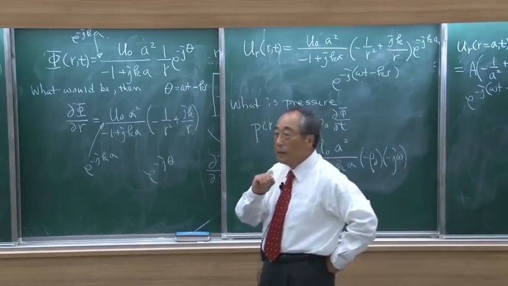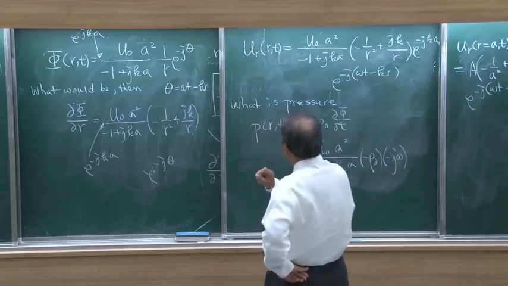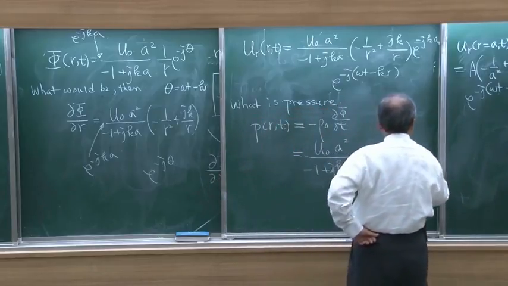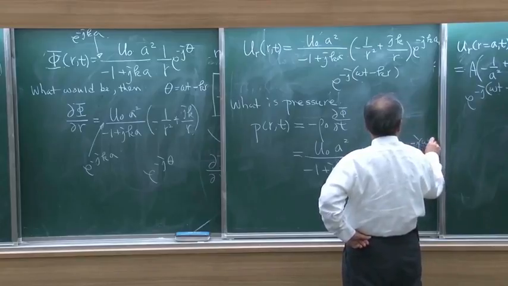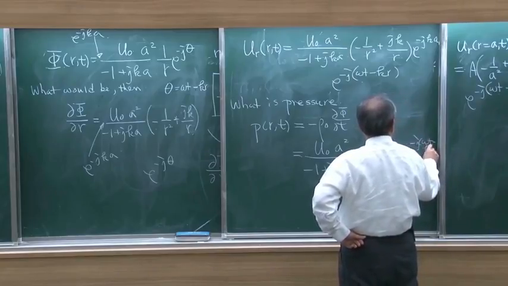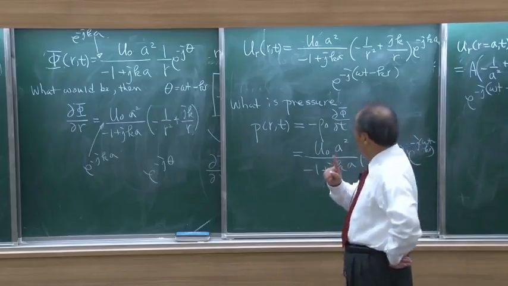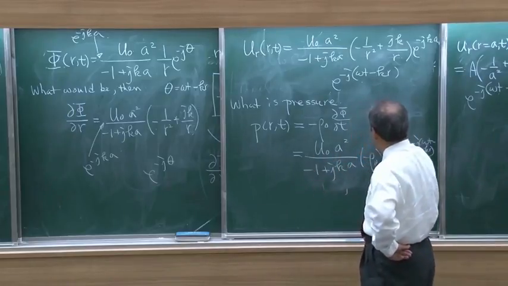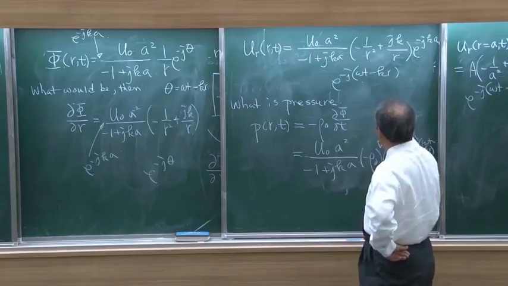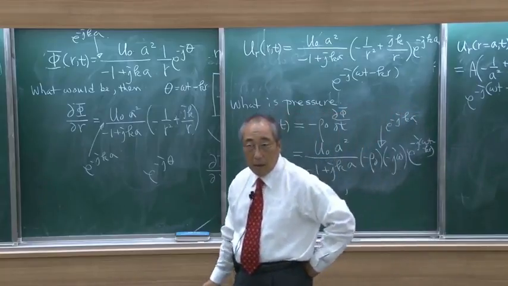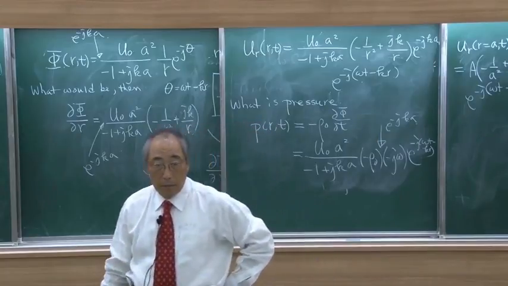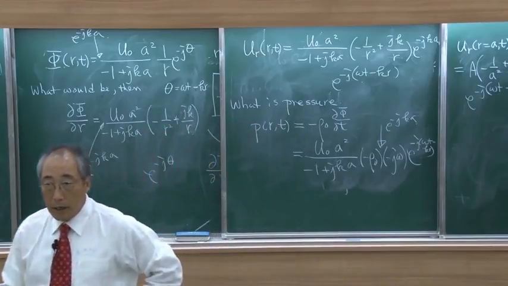And then I have exponential minus j omega t minus kr. And I have exponential minus jka. Right?